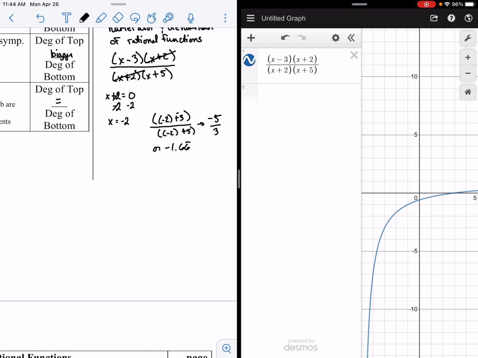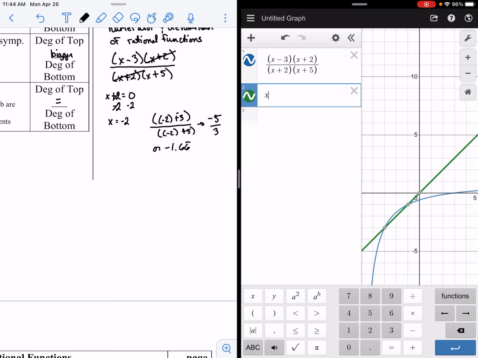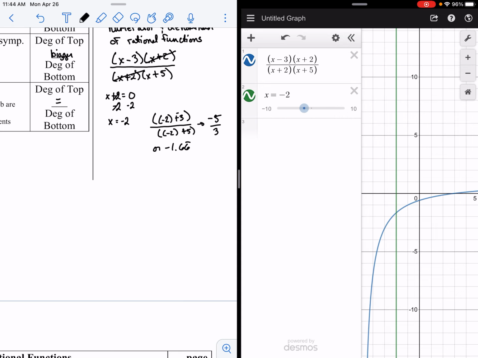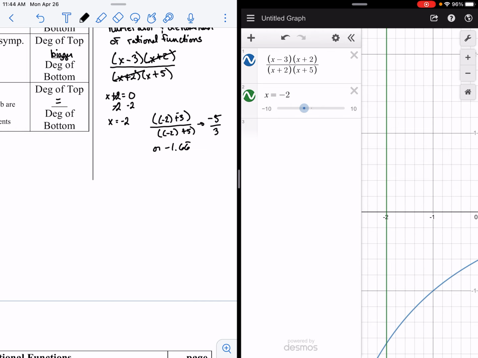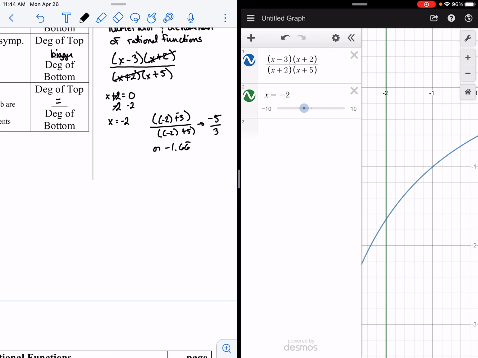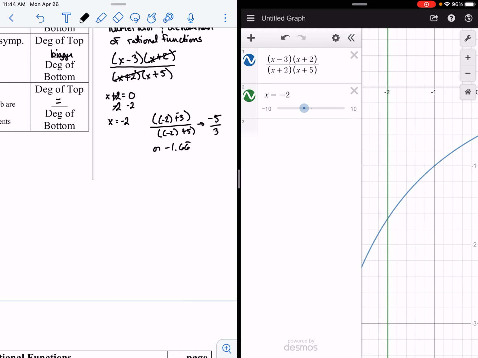So x equals negative 2 should be somewhere in here. Now, if I really zoom in, if you put your finger on the function, you see all of these closed dots?